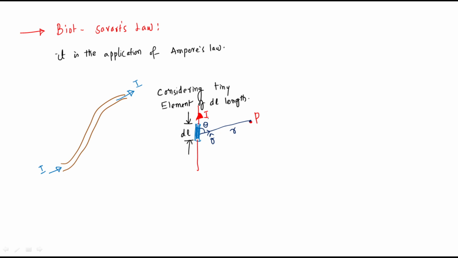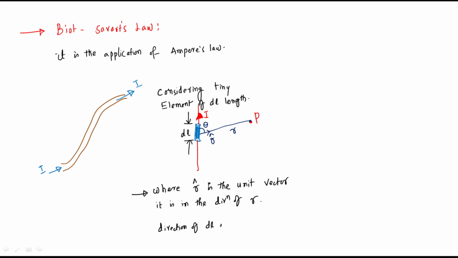Biot-Savart's law states that we have to calculate the magnetic field strength at this point P. Here r cap is the unit vector in the direction of r, and dl is in the direction of current.